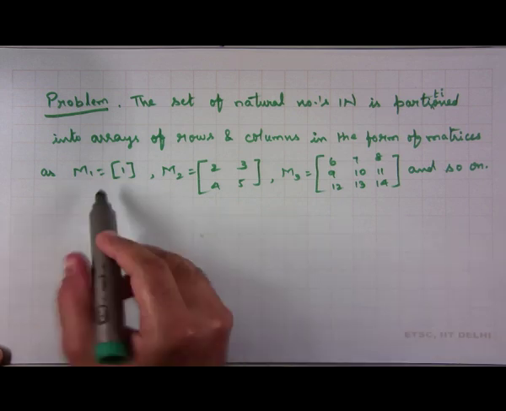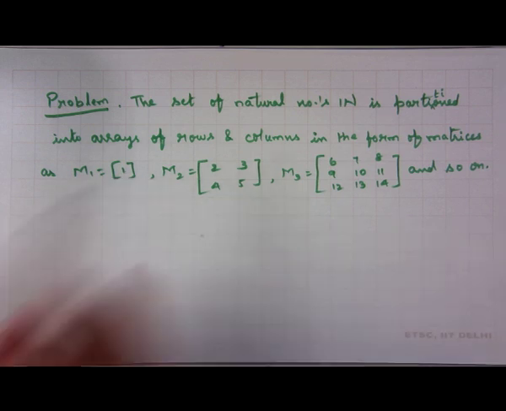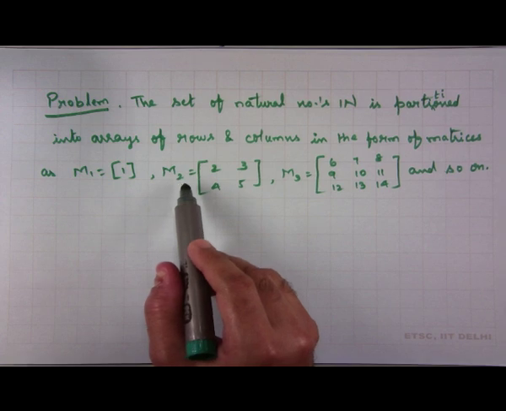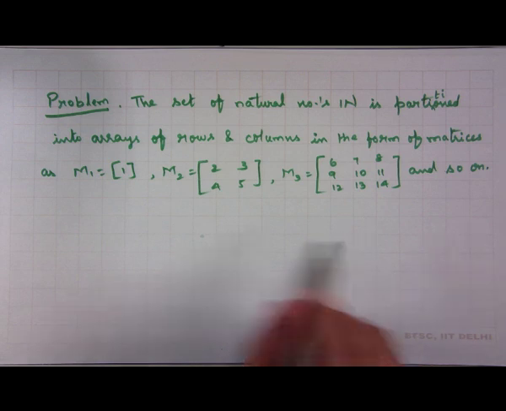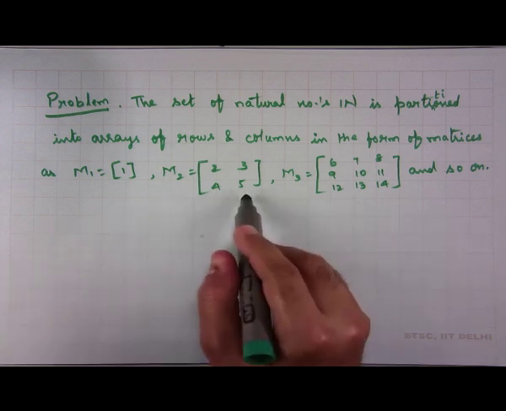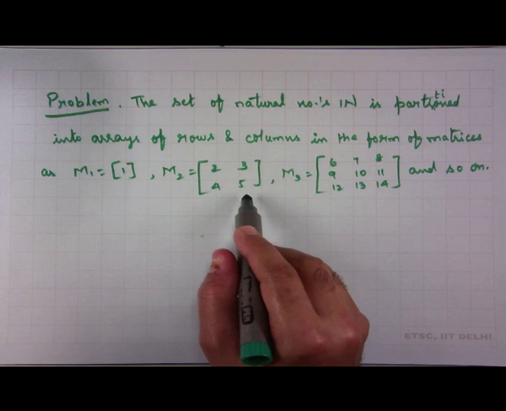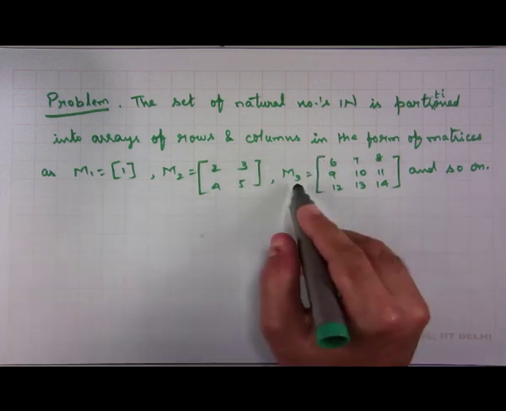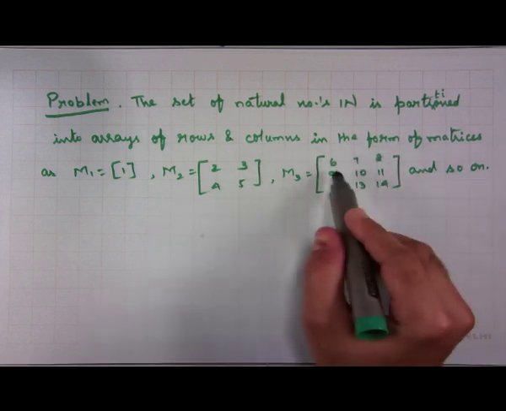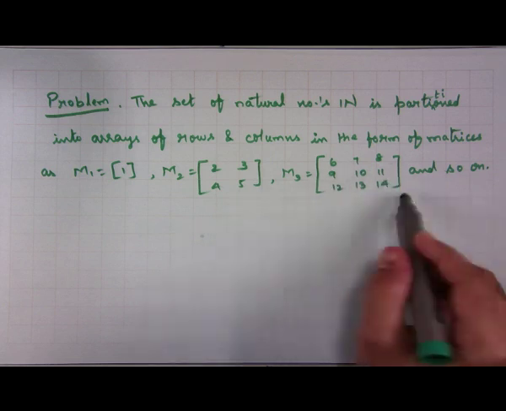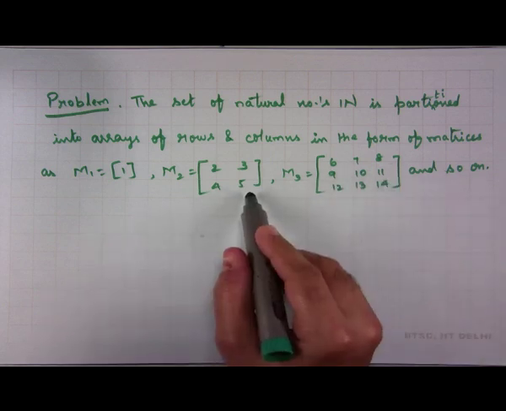Right, the first matrix consists of just one element 1, the second one consists of 4 elements, the 2 by 2 matrix 2, 3, 4, 5. Wherever we are left off, the next one is the first element of the next matrix. So, M3 is a 3 by 3 matrix, right, 6, 7, 8, 9, 10, 11, 12, 13, 14, because 5 is the last element of M2. So, the next one is 6.